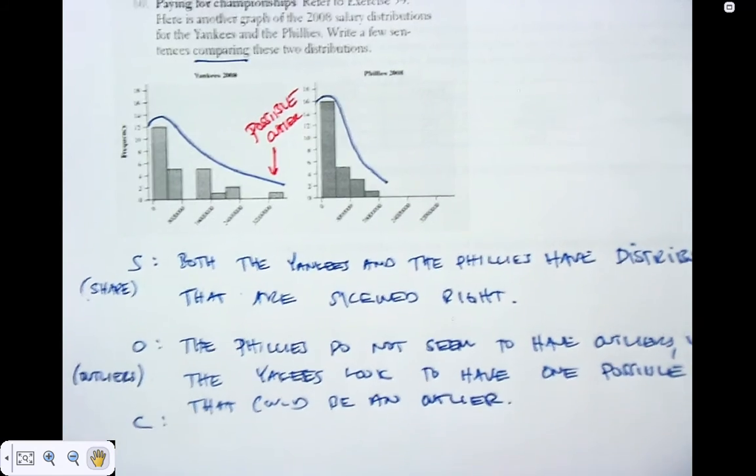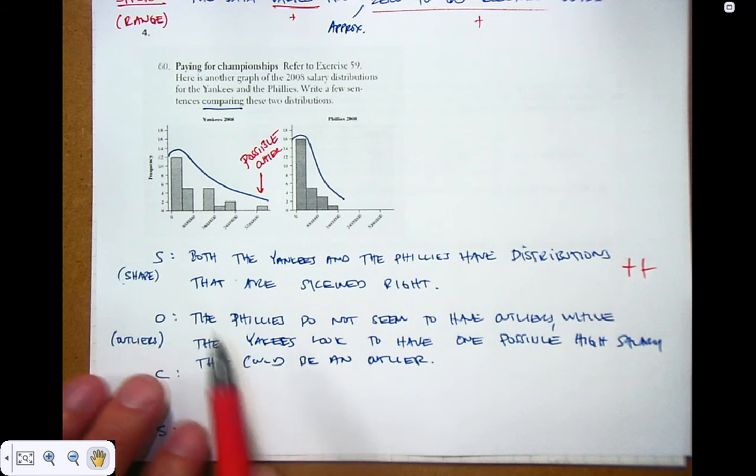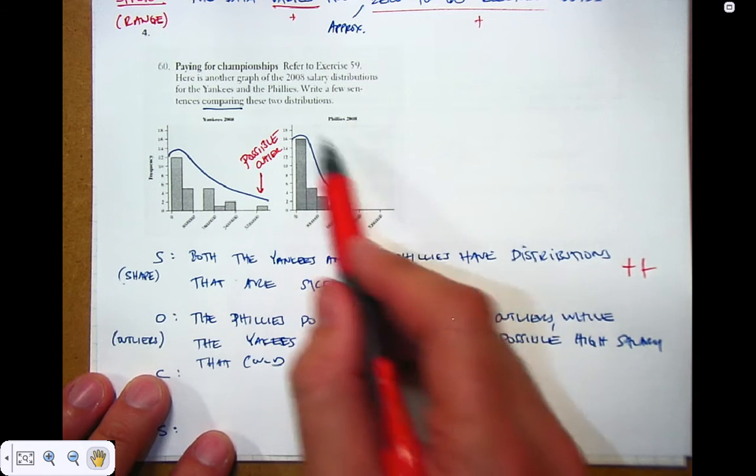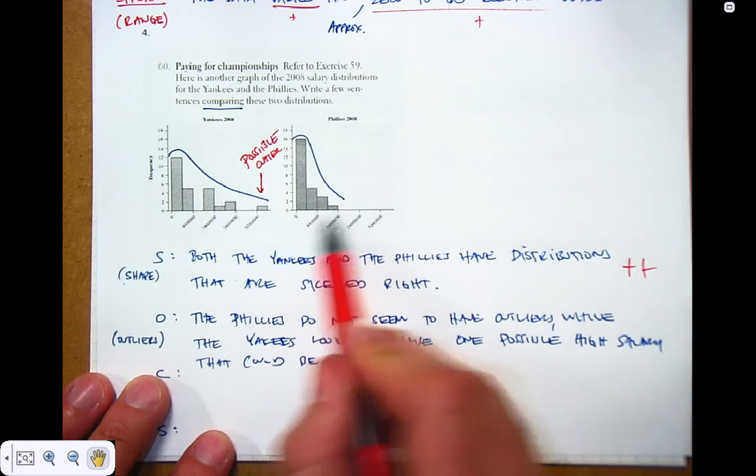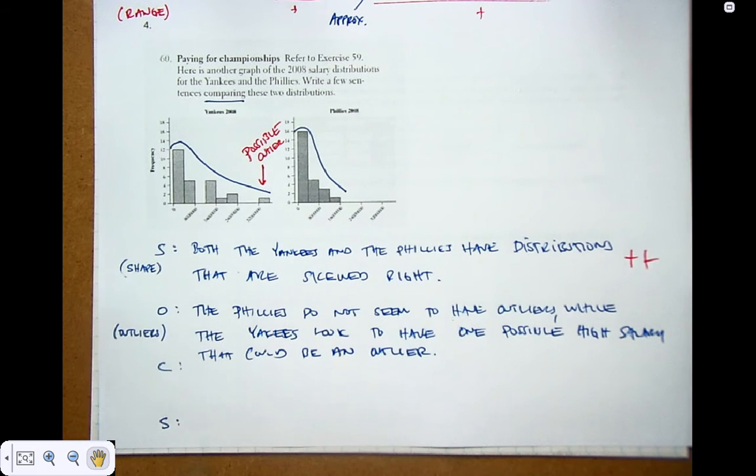Okay, and so you're addressing it. You have to address both graphs. You're comparing them. So you're saying the Phillies do not seem to have outliers. There's no data that looks like it's far away from this stuff. While the Yankees look to have one possible high salary that could be an outlier. You do not know for sure, but it could be.